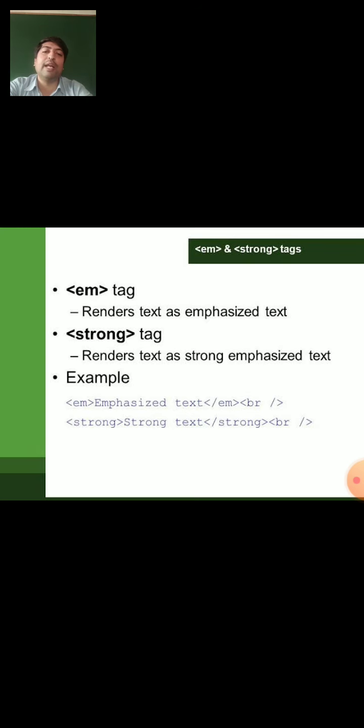So you can clearly understand the tags. The emphasis tag will be useful to give the text in an emphasis manner. That means the text will be shown in italic format, and the strong tag will be useful to show the text in bold format. So the two formats are similar. EM is similar to the I tag and strong tag is similar to the B tag.